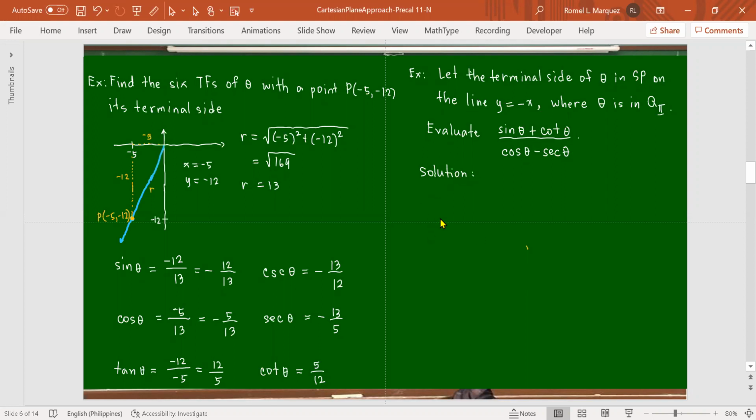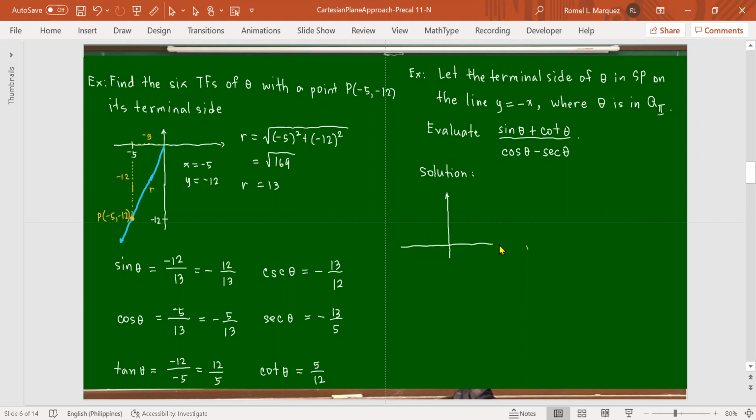So let's draw. I can't make a straight line, it's hard to make. Where's the location of theta, children? In quadrant 2.